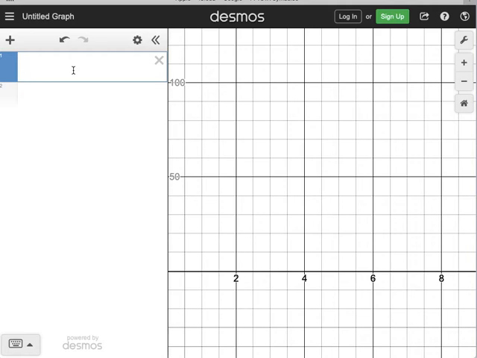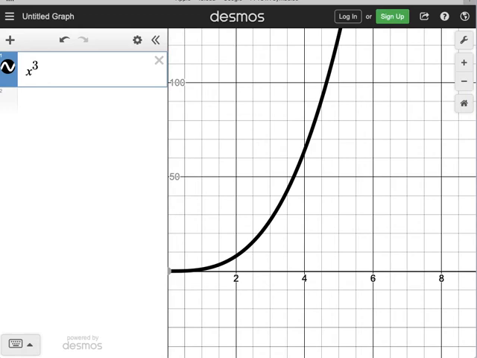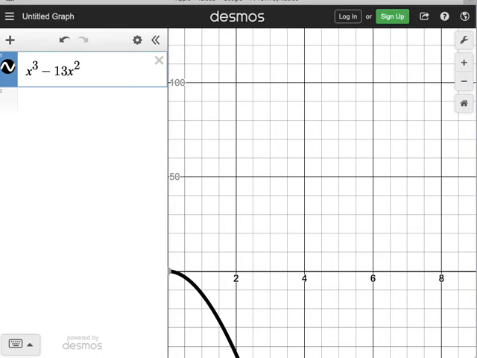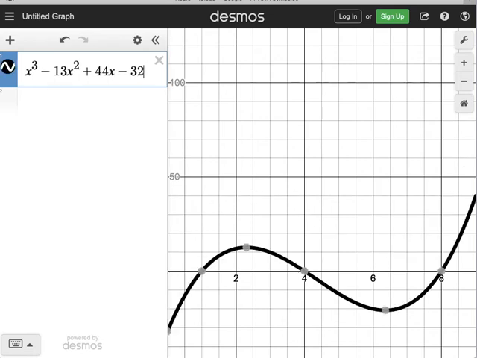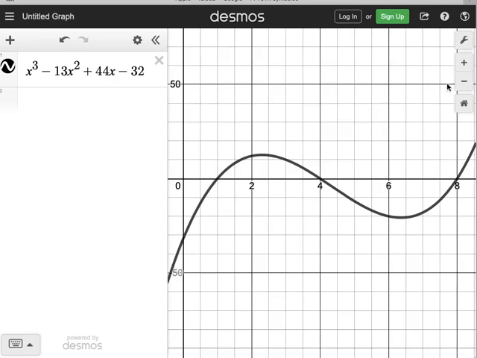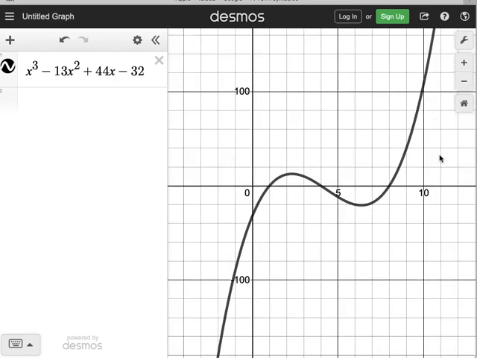But our equation was x to the third power minus 13x squared and then plus 44x and then minus 32, right? So we see our graph. We can zoom out if we want to see it better, and we see what our graph is doing.